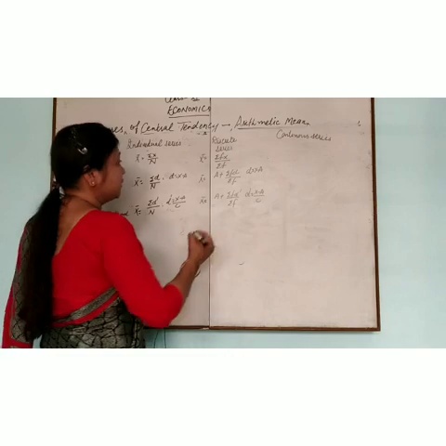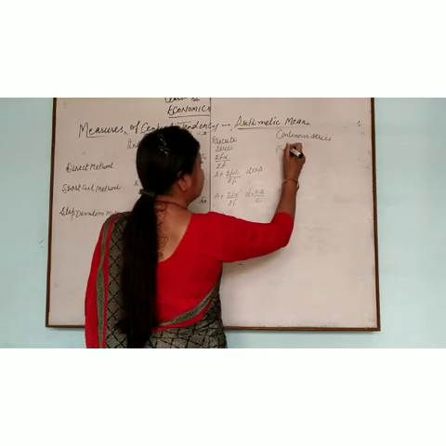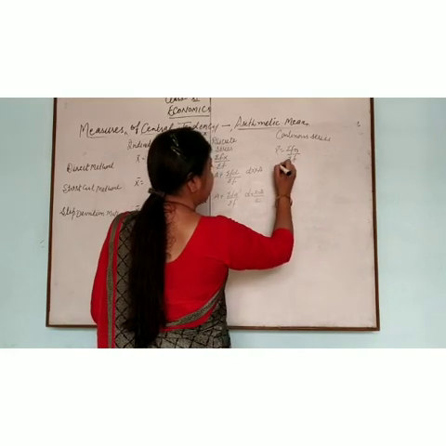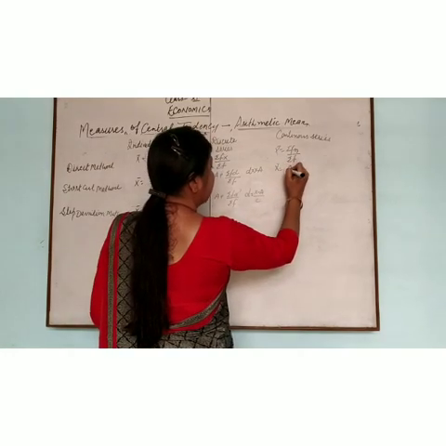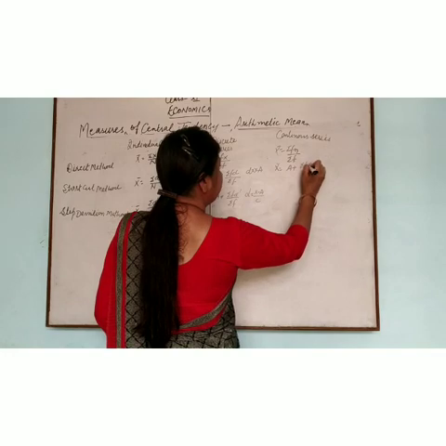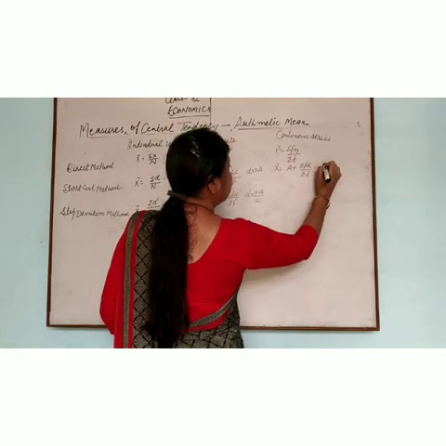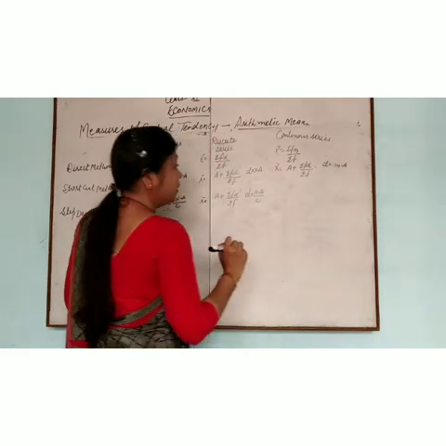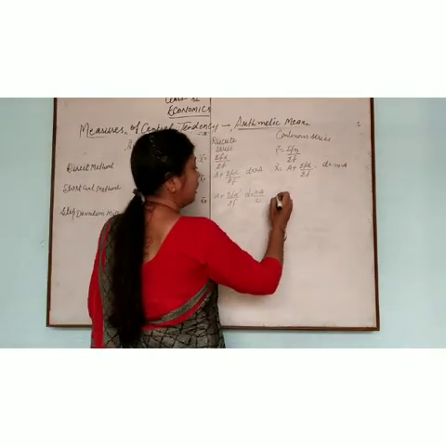In the continuous series, x bar is equal to summation of fm by summation of f. In the shortcut method, a plus summation of fd upon summation f, but here d is different. D we calculate with m minus a, not with x minus a.